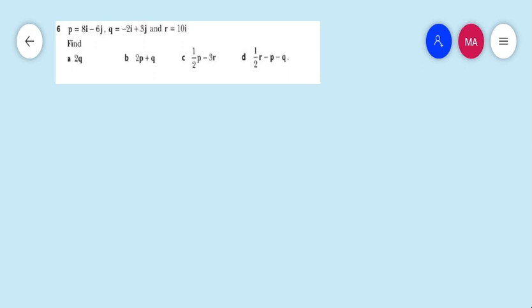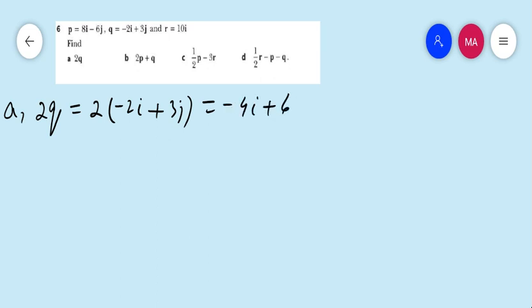P is equal to 8I minus 6J, Q is equal to minus 2I plus 3J, R is equal to 10I. Find part A, 2Q. 2 multiplied by Q, which is minus 2I plus 3J. Very easy part. 2 times minus 2 is minus 4I, 2 times 3 is 6J.